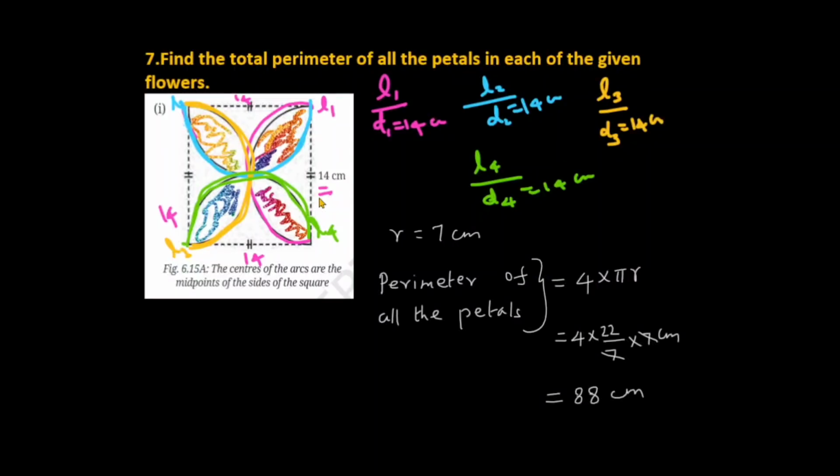So easily we can find. This is the first arc, then second arc, third arc, then fourth arc. When we combine 4 arcs, we get 4 petals, so we add that arc length 4 times.